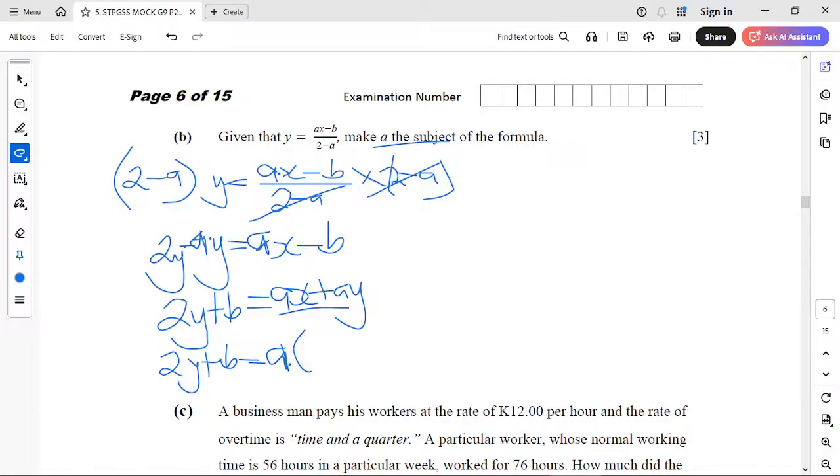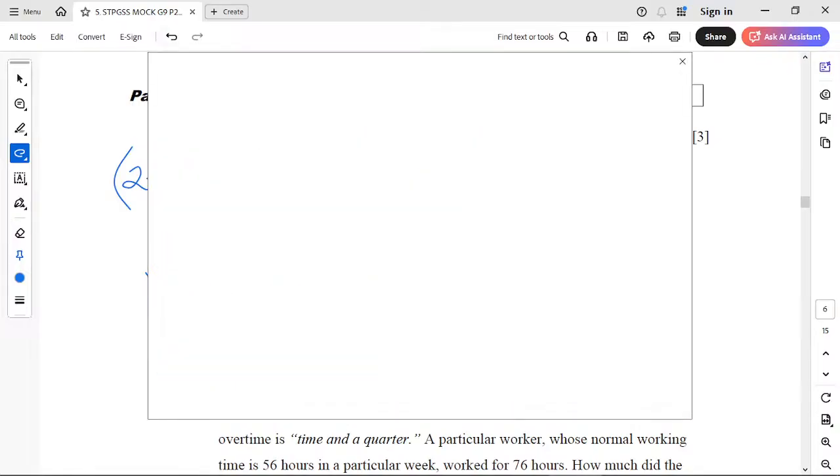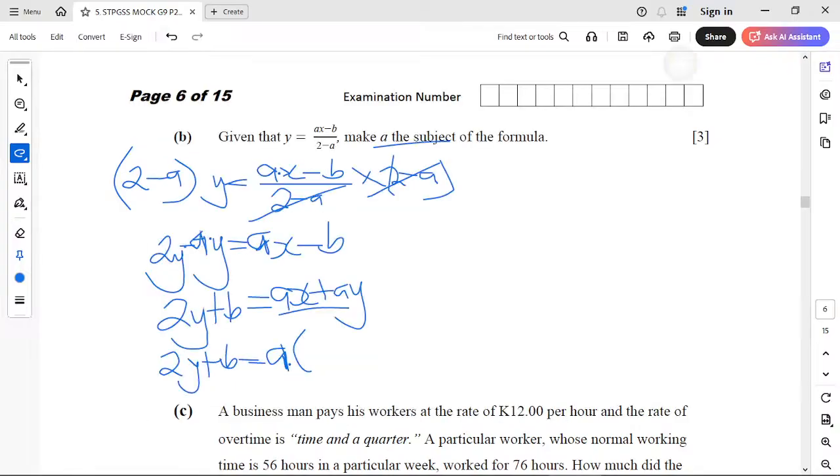A into ax gives x, and a into ay gives y. So it is a times x plus y. Now we divide both sides by x plus y.